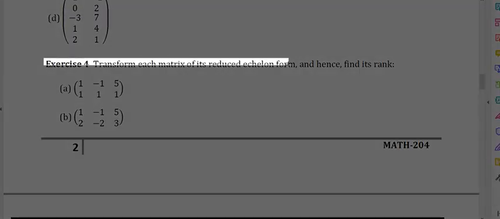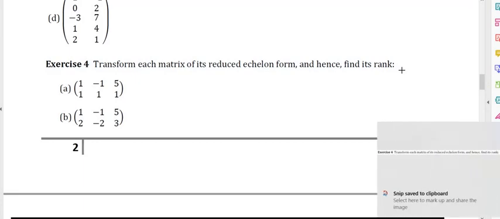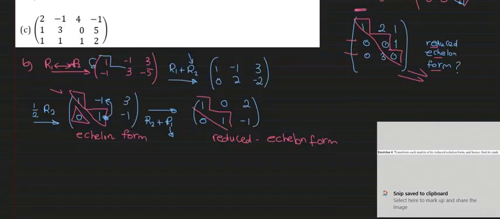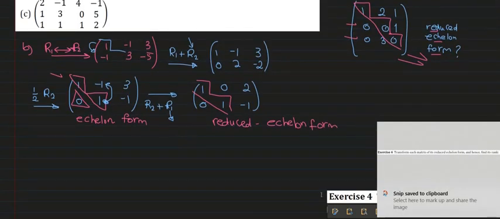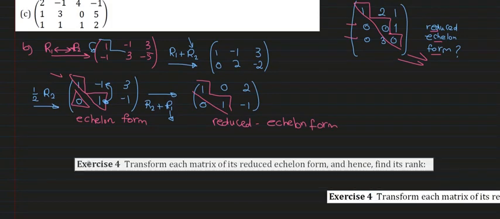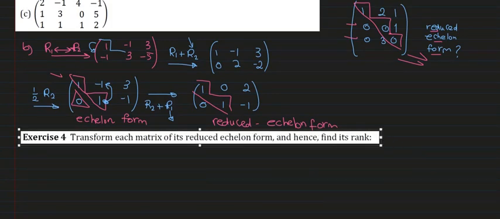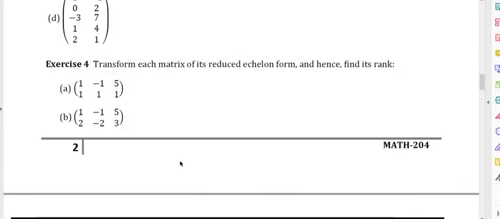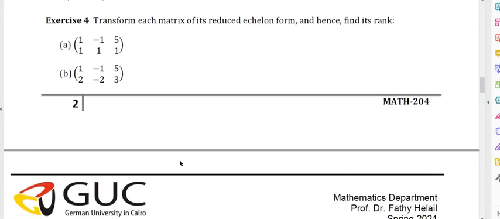So the exercise here says transform each matrix into its reduced echelon form.